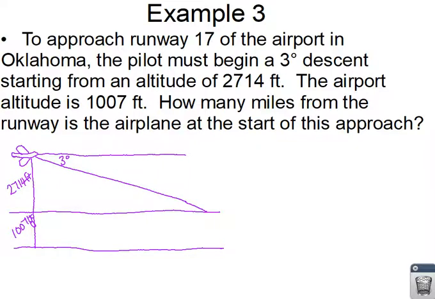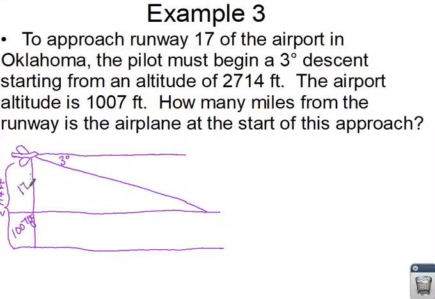So actually, I've got my picture labeled a little bit funny. The 2,714 altitude is measured from sea level. So let's relabel this a little bit. Okay, so the 1,007 feet that the airport is above sea level is actually included in the 2,714. So you have to take 2,714 minus 1,007.